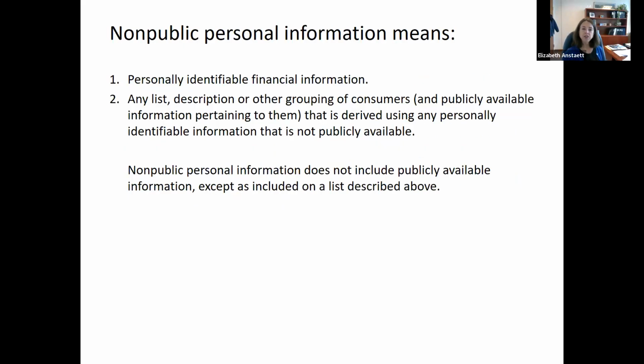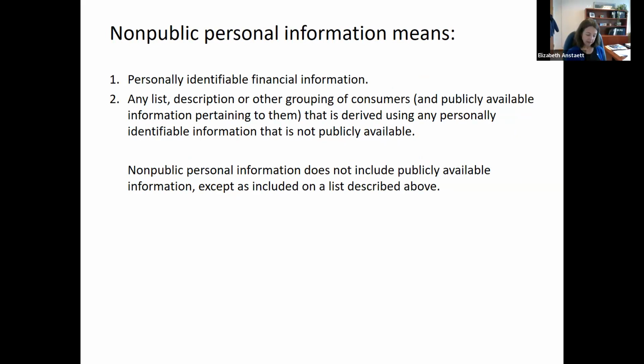So it's not a business record, it's a financial, personal, individual record that's being protected. And the information that's protected is the non-public personal information. It's called NPI sometimes, which is personally identifiable financial information and any list or group of consumers derived using non-public personal information in a way that is not publicly available. So your reading talked about this, and your reading excerpt was written around the time the law was enacted.